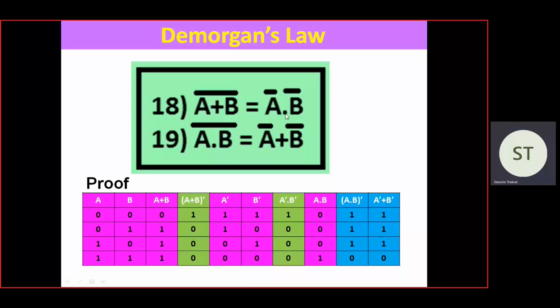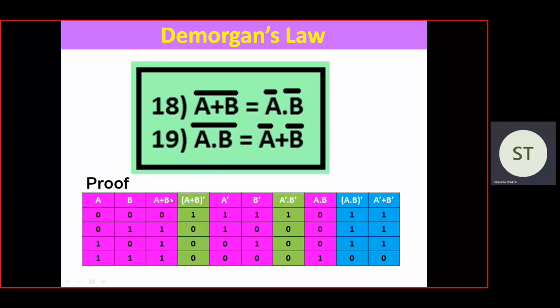If it is plus, put it dot, and the line is broken, that means the whole complement is broken into two parts, A complement and B complement. Same way here we have complement of product, the dot is changed to plus. So change the sign and break the line: A complement plus B complement.